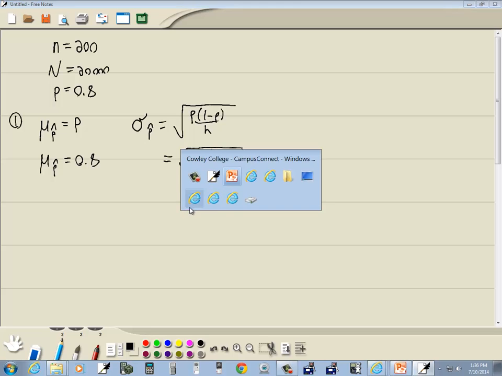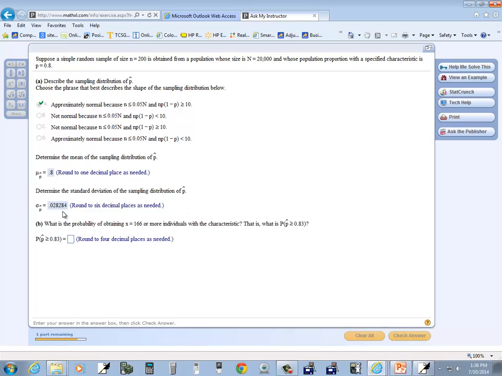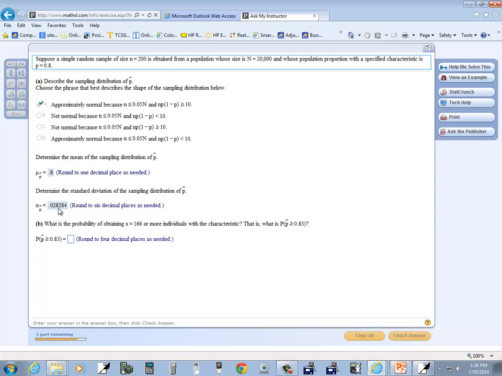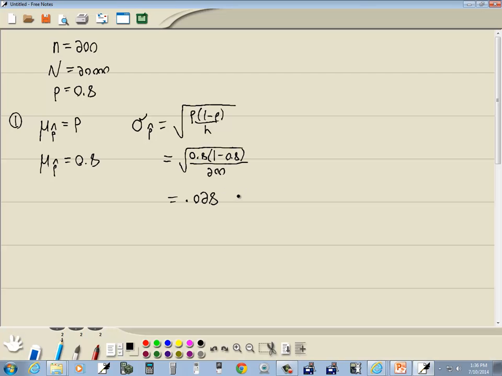Now, I'm not going to waste time plugging this into the calculator. You got it right here. So that's 0.028284. Okay, that's step one.